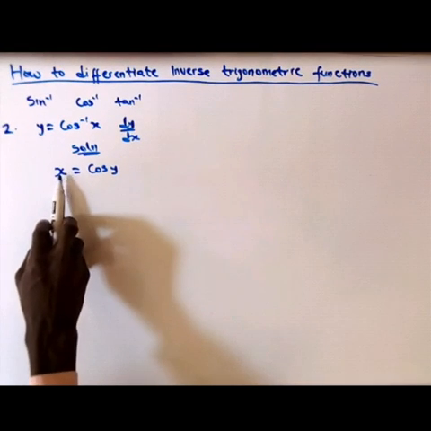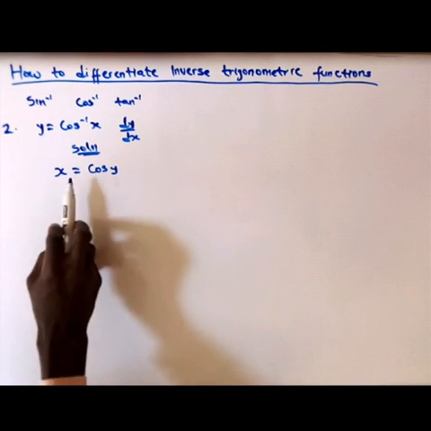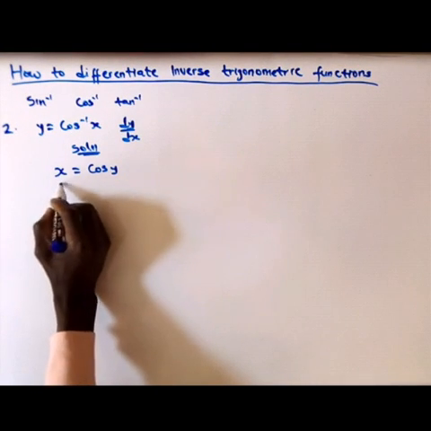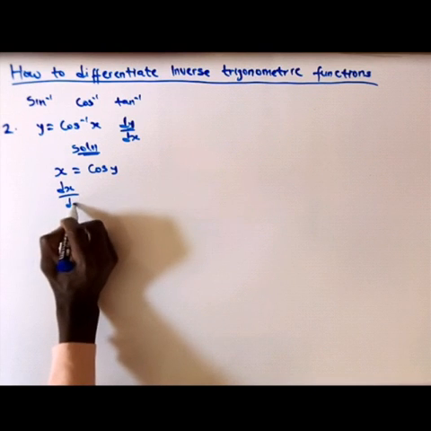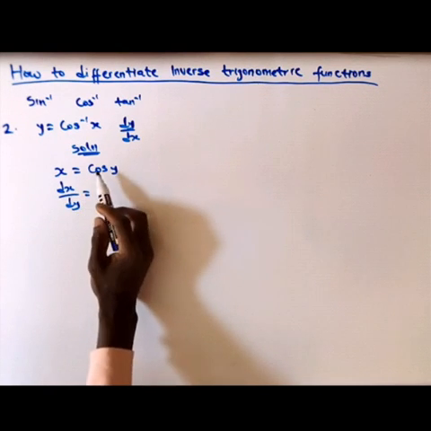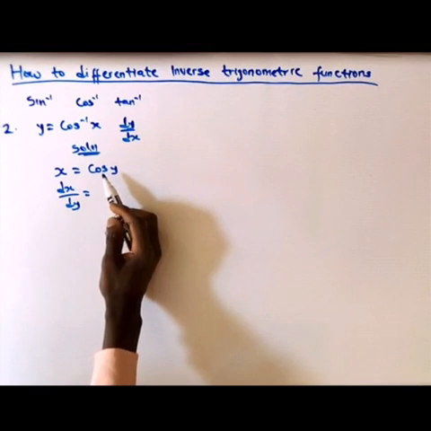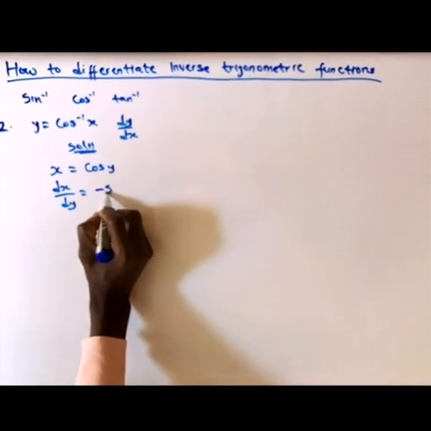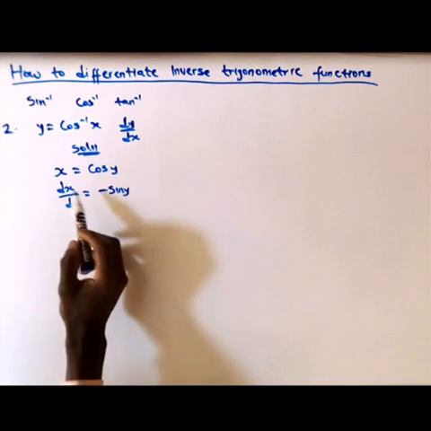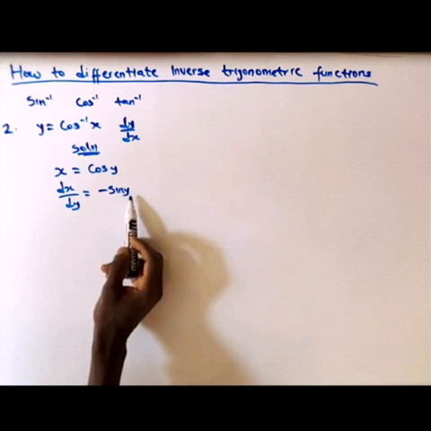Now the next step we said, differentiate s with respect to y. So differentiating this with respect to y is going to give us ds/dy is equal to, if you differentiate cos y, cos will give us minus sine. So it's going to give us minus sine y, so that our ds/dy is equal to minus sine y.